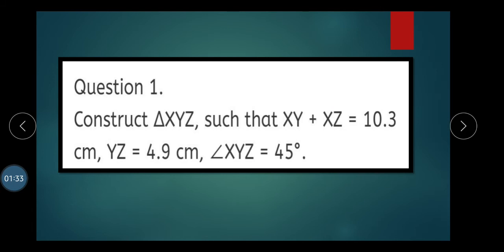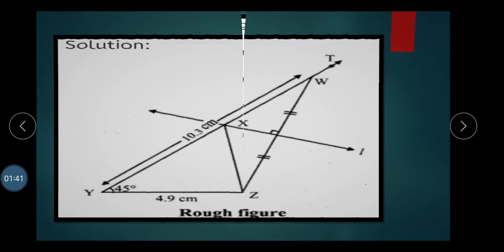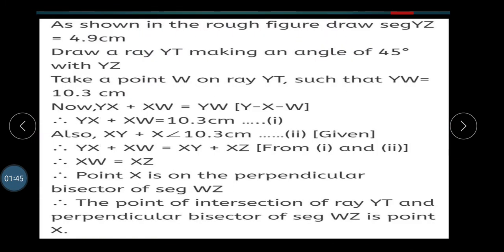Let's continue. This is your rough figure. Let's see the explanation of the rough figure. As shown in the figure, draw say YZ as 4.9 centimeter. Draw ray YT making an angle of 45 degree with YZ.